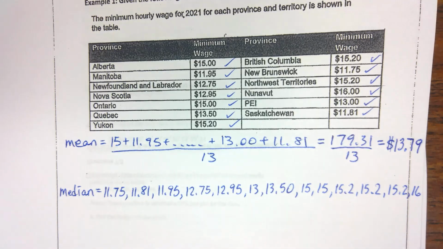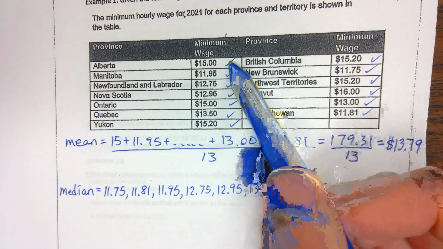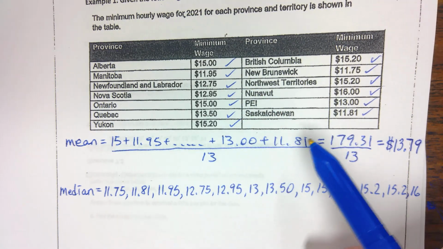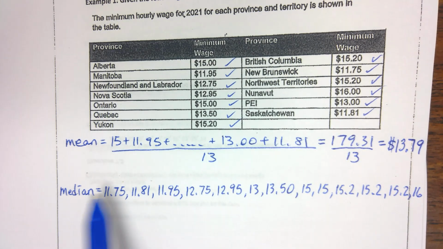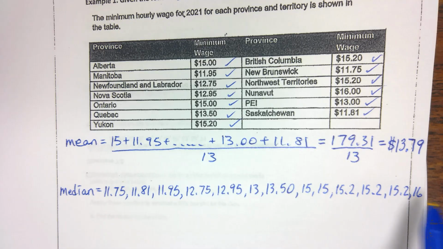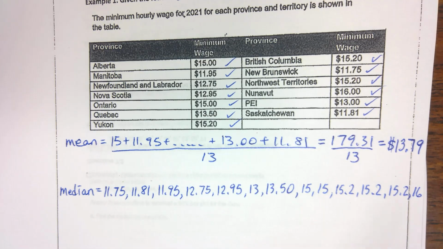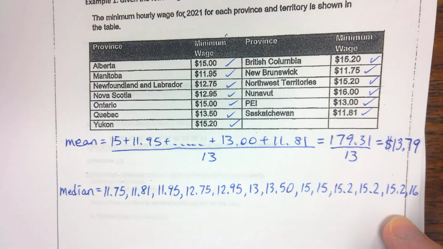Okay. When you rewrite it, I would strongly suggest you cross each one out or do a check mark so that you don't miss any. Remember, after you list it, you should always count to make sure that you did write 13 numbers. If you didn't, it's going to make your whole answer wrong.